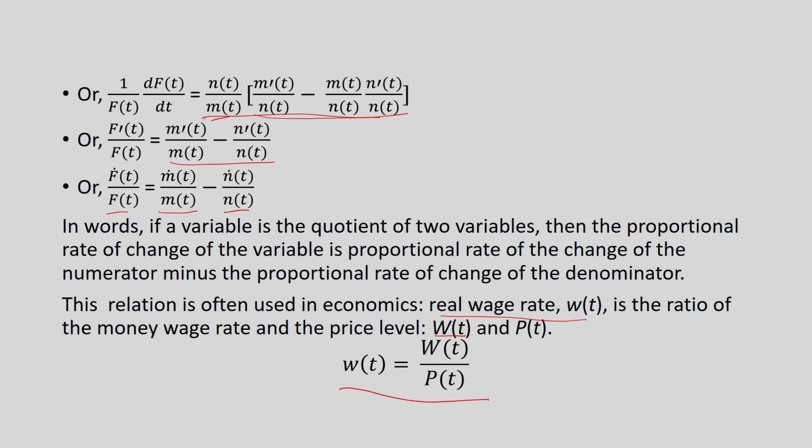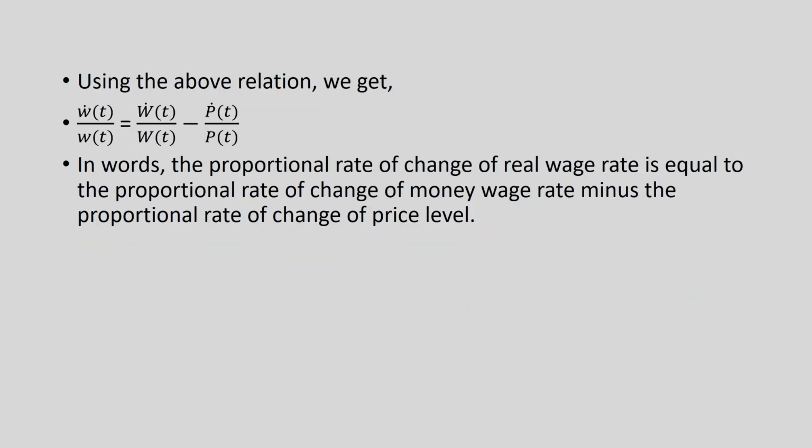So, the total amount of money people are getting as wages divided by the price level, that is called the real wage rate. Now, we can use the rule here that we have just got, then we should get the following expression.